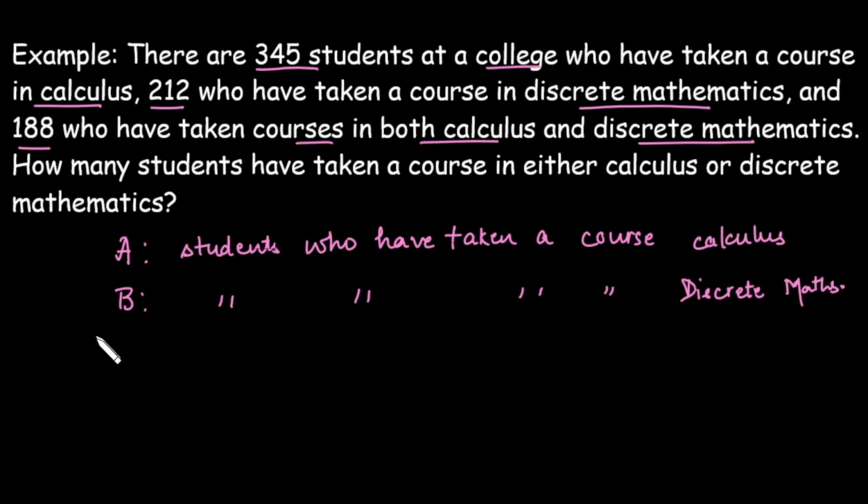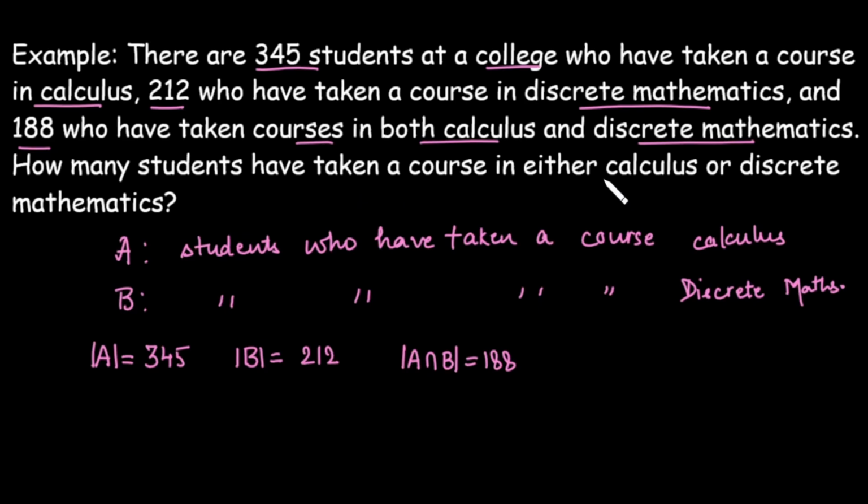As per this question, the total count of set A is 345, and the number of students in set B is 212. We also have A intersection B equal to 188, because these are the students who have taken calculus as well as discrete mathematics. It means that is the intersection.